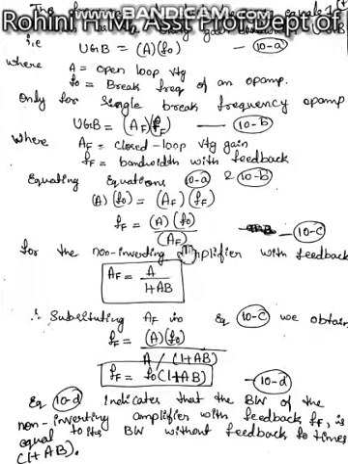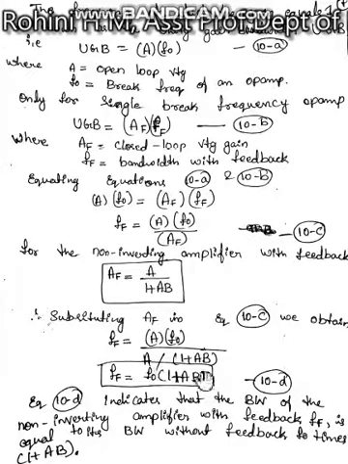Substituting, A cancels, so F_F is F naught into 1 plus A beta.